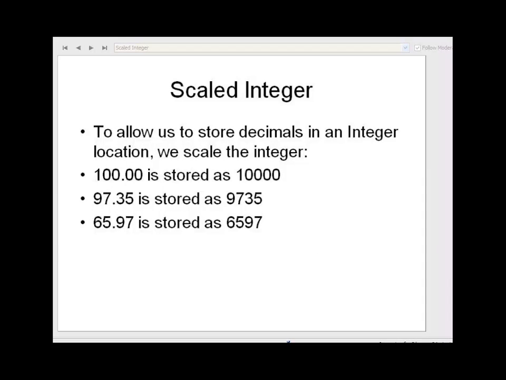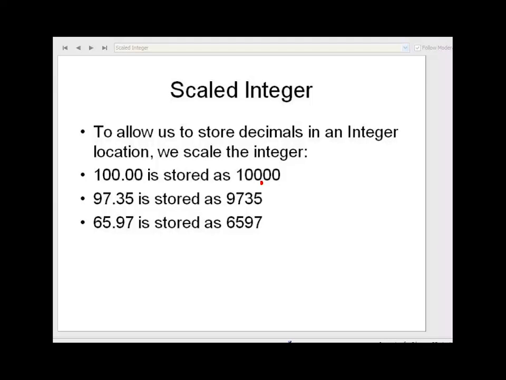To make matters worse, we also have things which are called scaled integers. We use scaled integers because integers don't let us store any decimal places. So what we do is we pretend that there's a decimal point 2 places from the right.